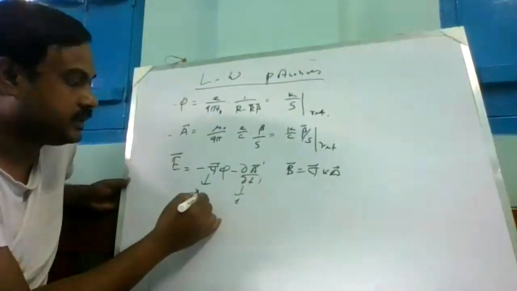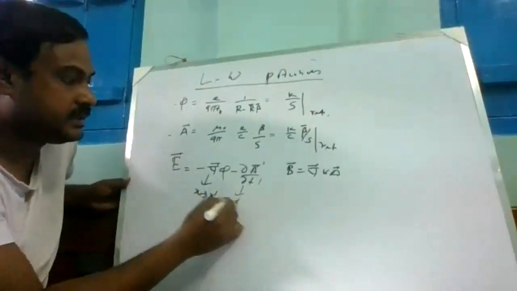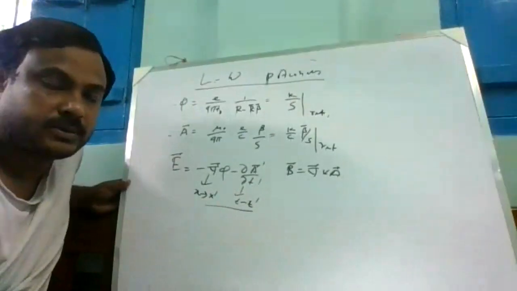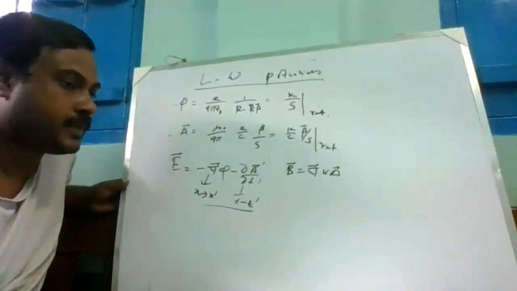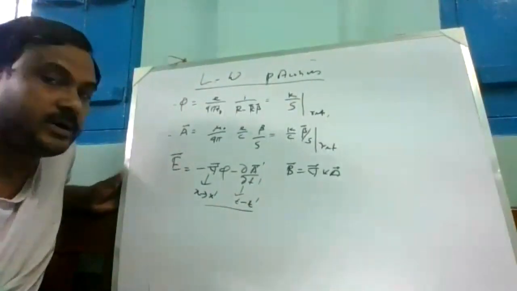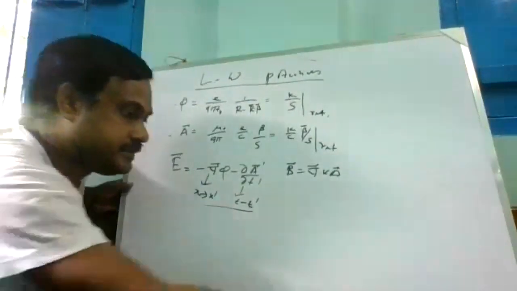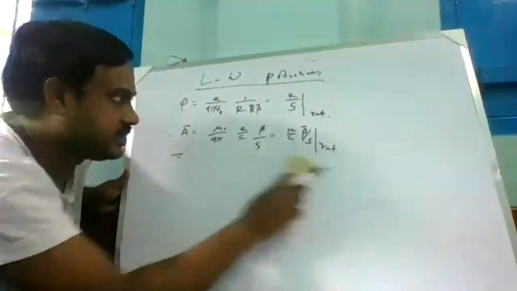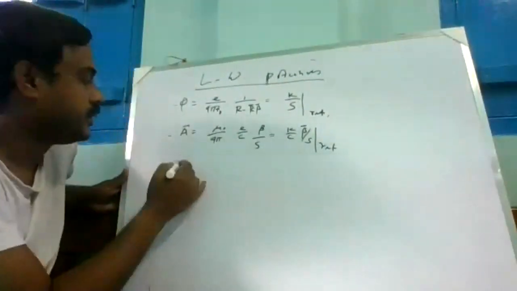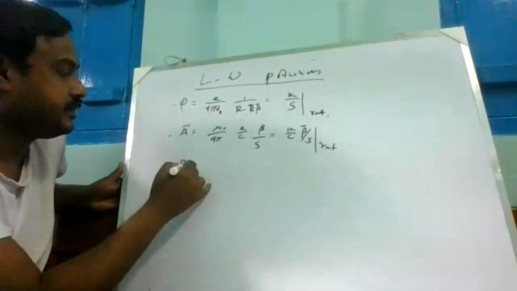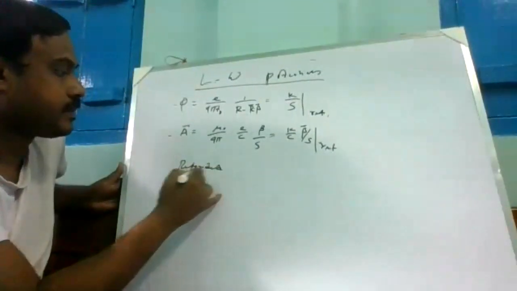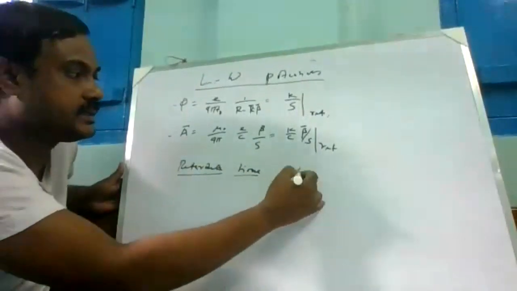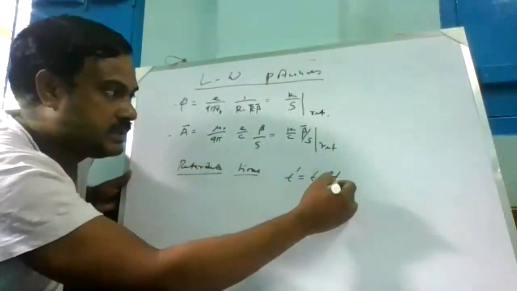We have to transform this into x dash and t dash. So we have to make the change of differential derivatives. To change the differentials, we have retarded time. Retarded time is given: t dash equals t minus R by c.